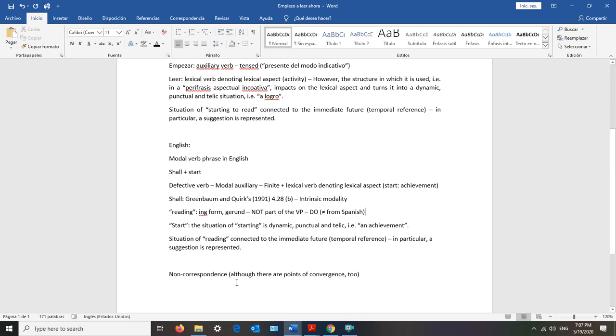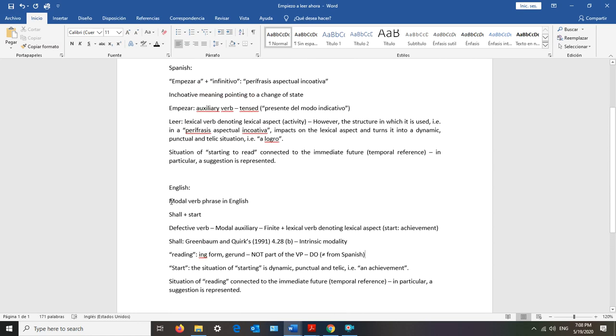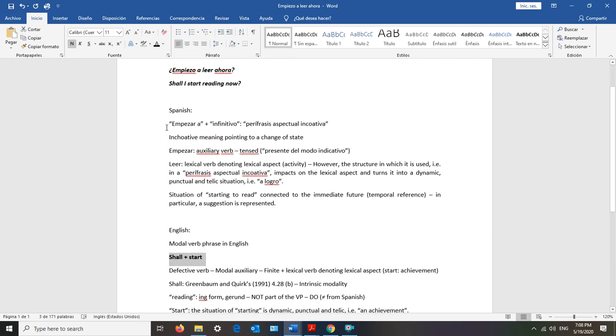So there's non-correspondence, for we have a VP made up of a modal auxiliary verb plus a lexical verb in its infinitive form, shall and start in English. And although we also speak of a periphrastic VP made up of an auxiliary verb in Spanish and an infinitive form in terms of its lexical verb, it is not exactly a modal verb that is in use in Spanish.